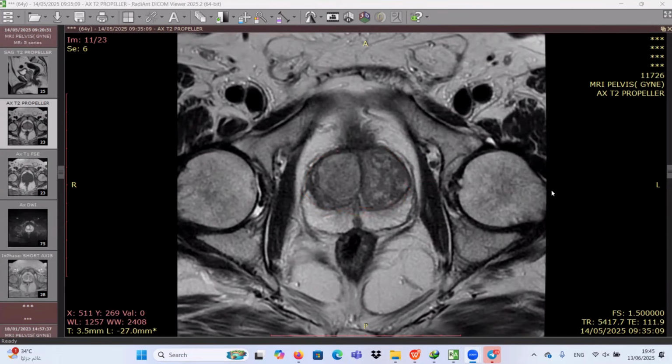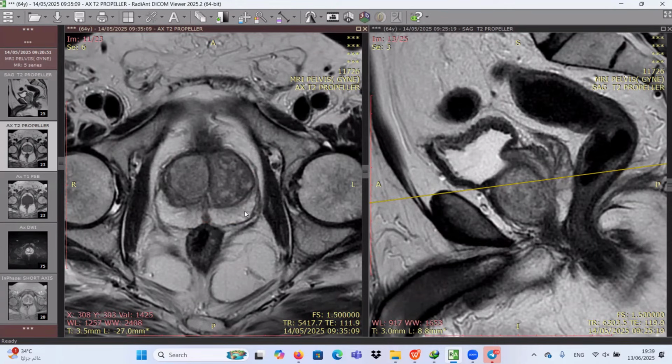In the elderly, you can find marked hypertrophy of the transition zone, and sometimes, in many cases, the hypertrophy becomes more predominant, encroaching upon the peripheral zone, and sometimes the peripheral zone becomes thinned out or stretched behind the transition zone.